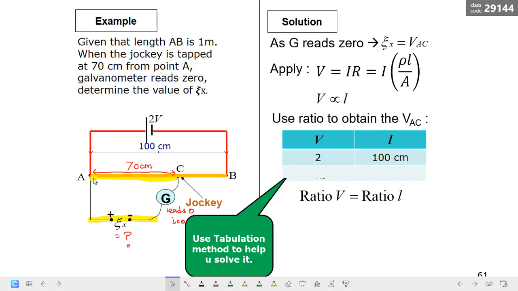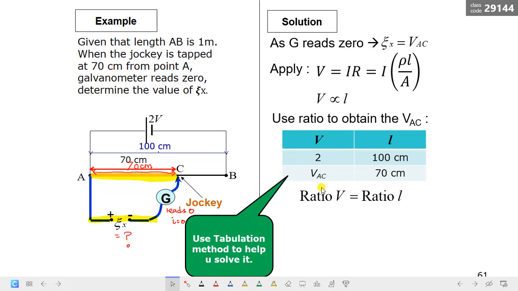So, kalaulah wire tu length dia 70 cm, berapa voltage dia? Berapa voltage dia boleh dapat kalau untuk 70 cm? So, for 70 cm, kita nak cari voltage A to C. Di mana length dia adalah 70 cm.